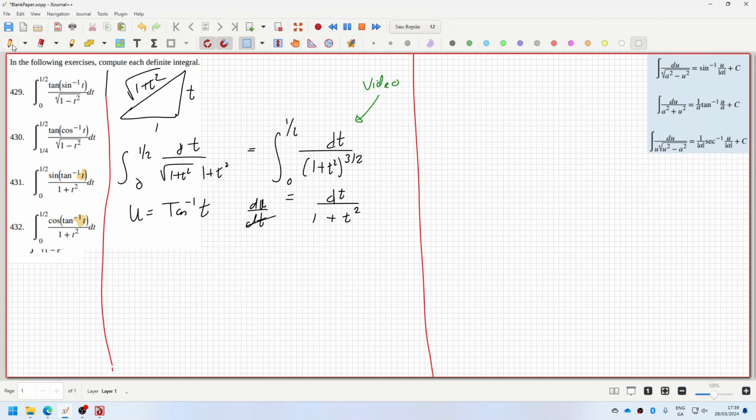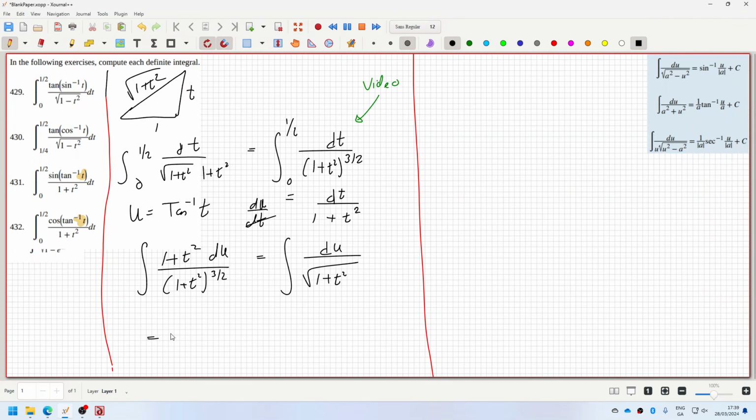So the integration, dt is 1 plus t squared du over 1 plus t squared to the power 3 over 2. So that is the integration of 1 over root 1 plus t squared du. And the t, we can try and figure this out from the triangle.